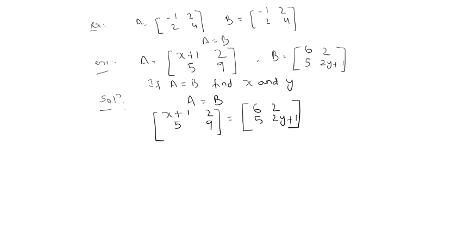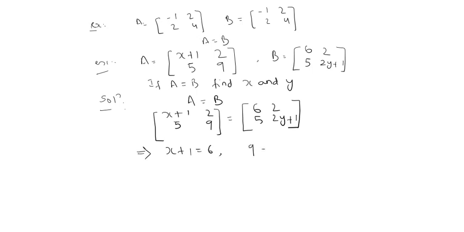Here we can observe the first row second column element is 2 in both, and the second row first column element is 5 in both. It means the other two are also equal. So from this we can write that x plus 1 equal to 6, and 9 equal to 2y plus 1.